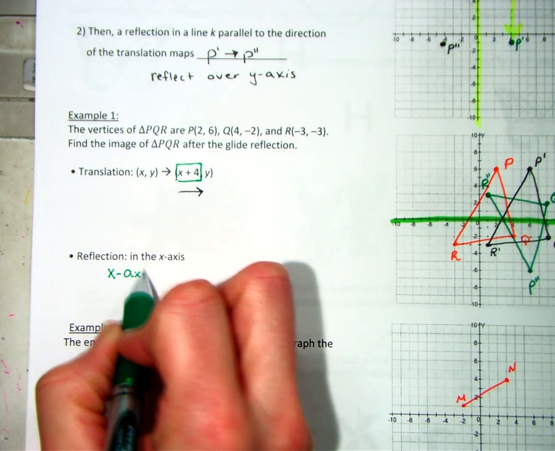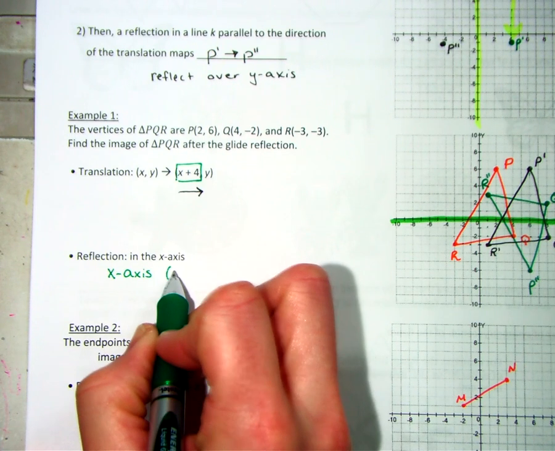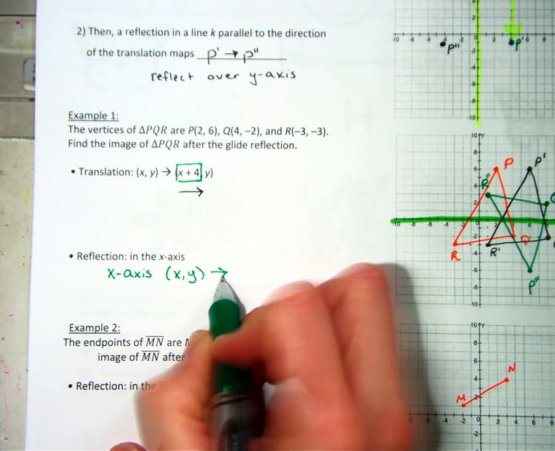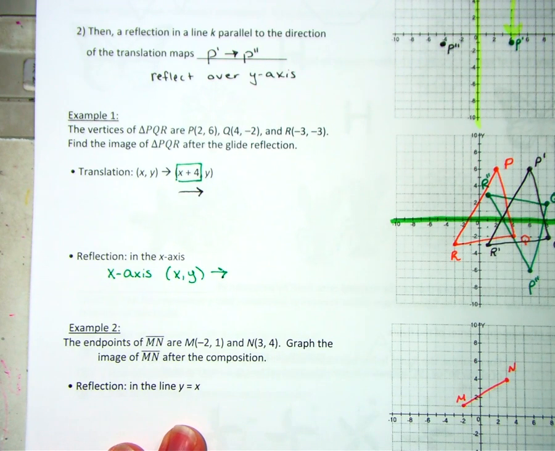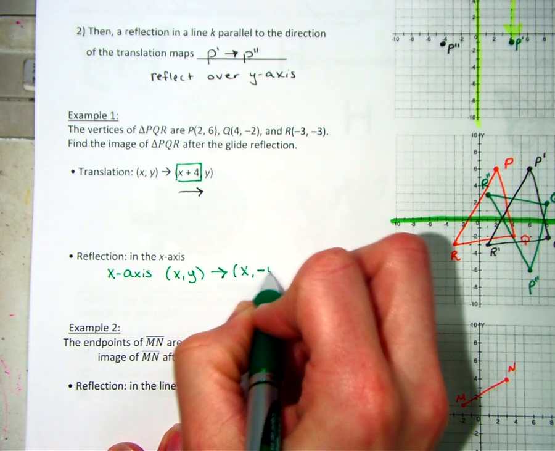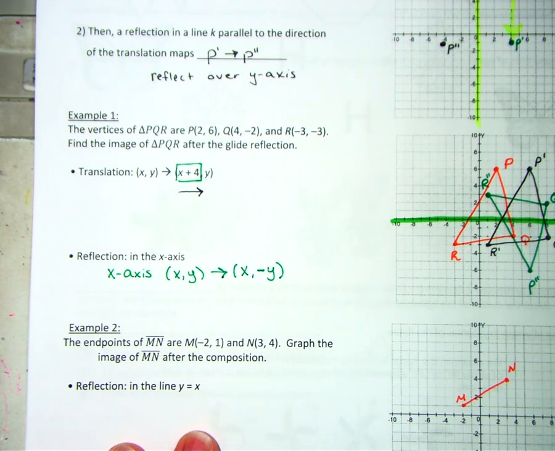So our x-axis reflection changes every x, y to, and they use A, B on the theorem sheet. We can use x and y. So the x-axis makes the y-coordinate negative.